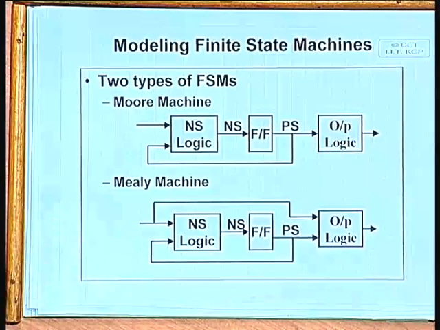All these things we will be discussing in the next lecture with the help of some examples. We will possibly take an example of a simple FSM like a sequence detector, and using the example you can see how we can model it using a Moore machine or a Mealy machine, and how we can synthesize it.